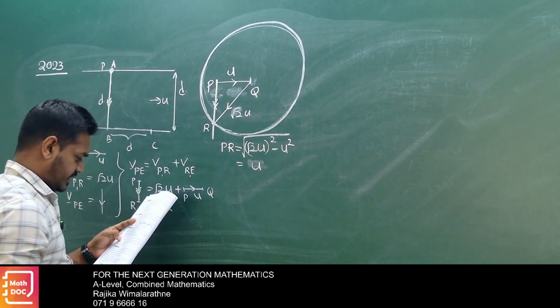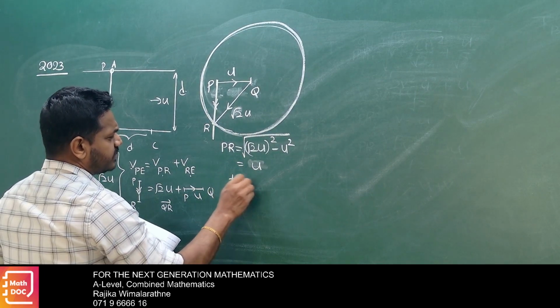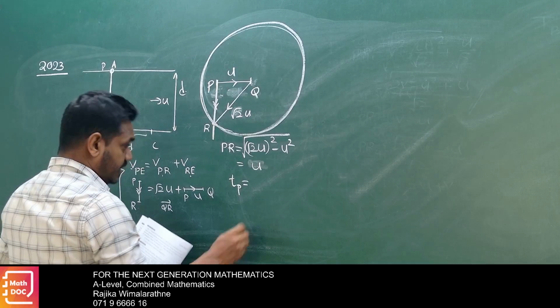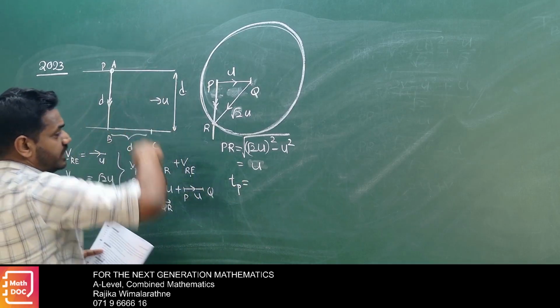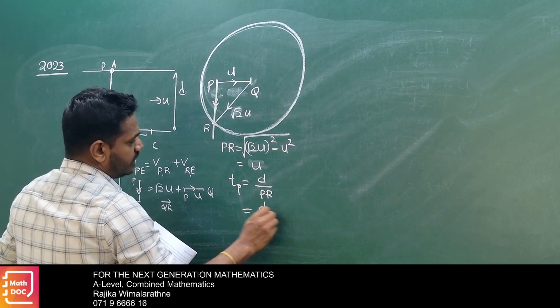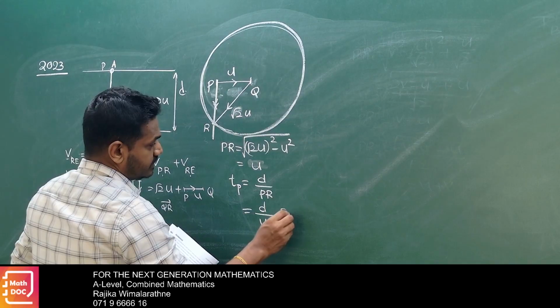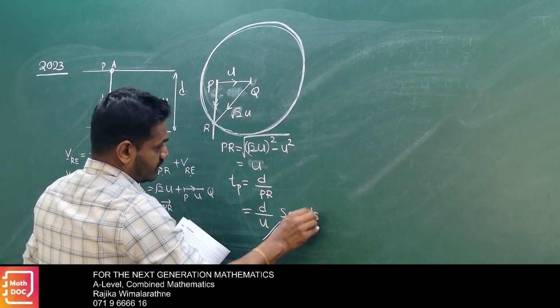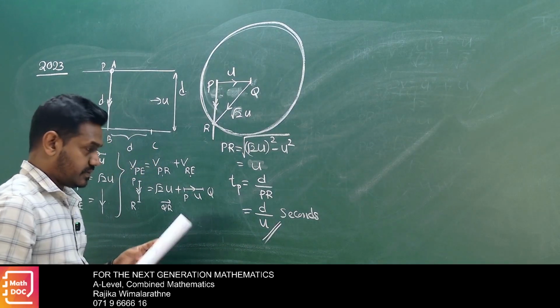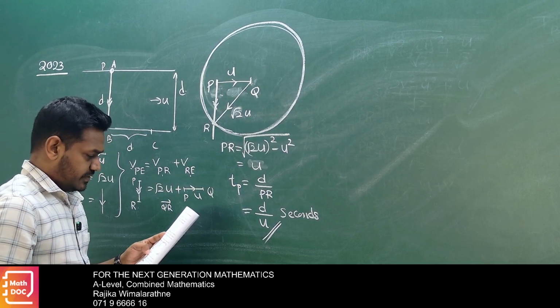Then the time to cross the river for P is displacement d divided by PR, so d over u seconds.